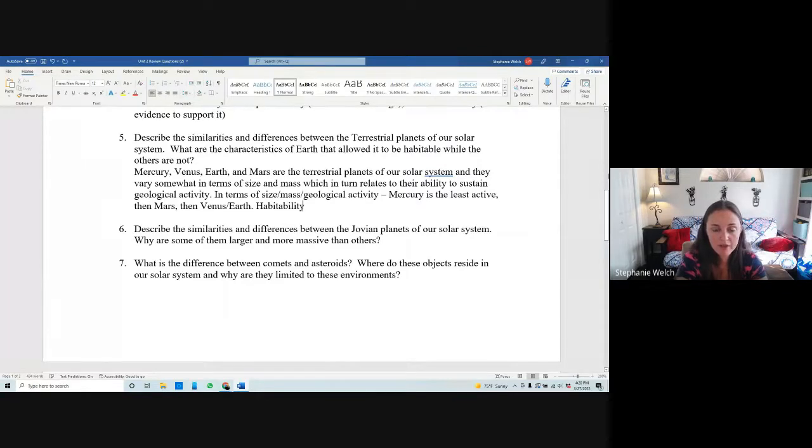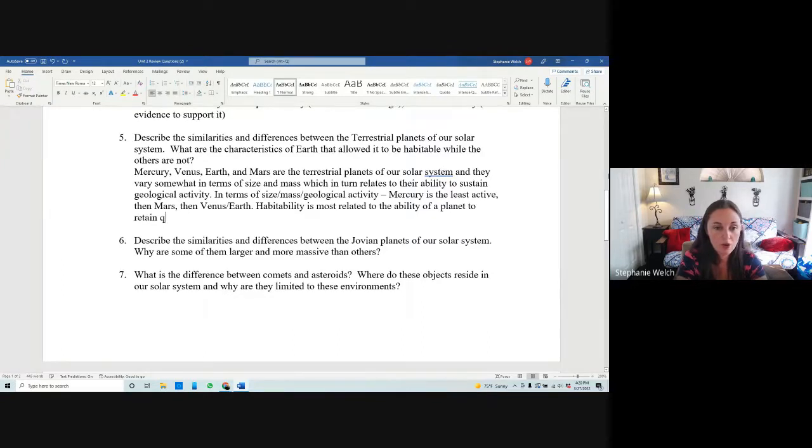Habitability is most related to the ability of a planet to retain water in a liquid form. Earth is in the habitable zone of our solar system.